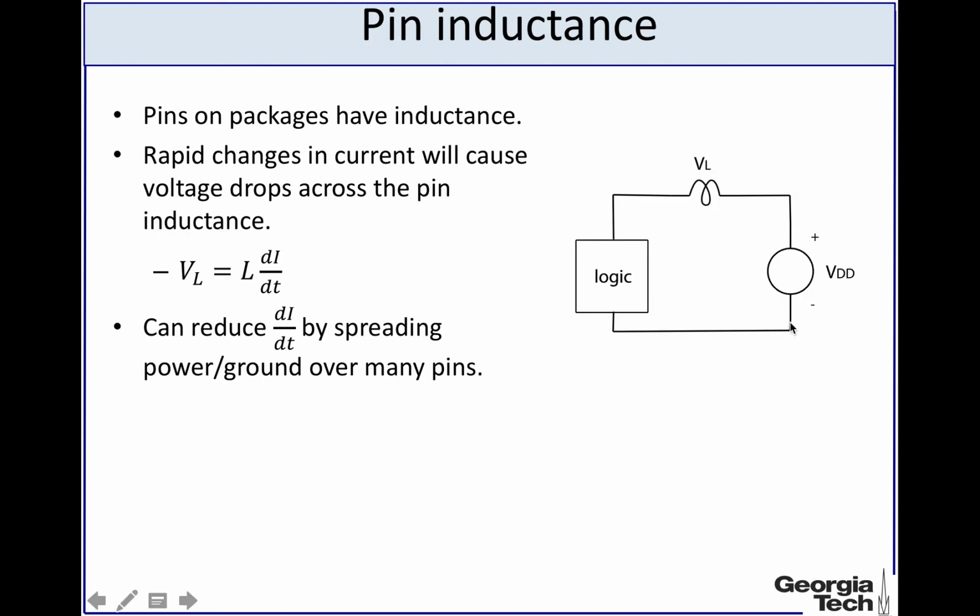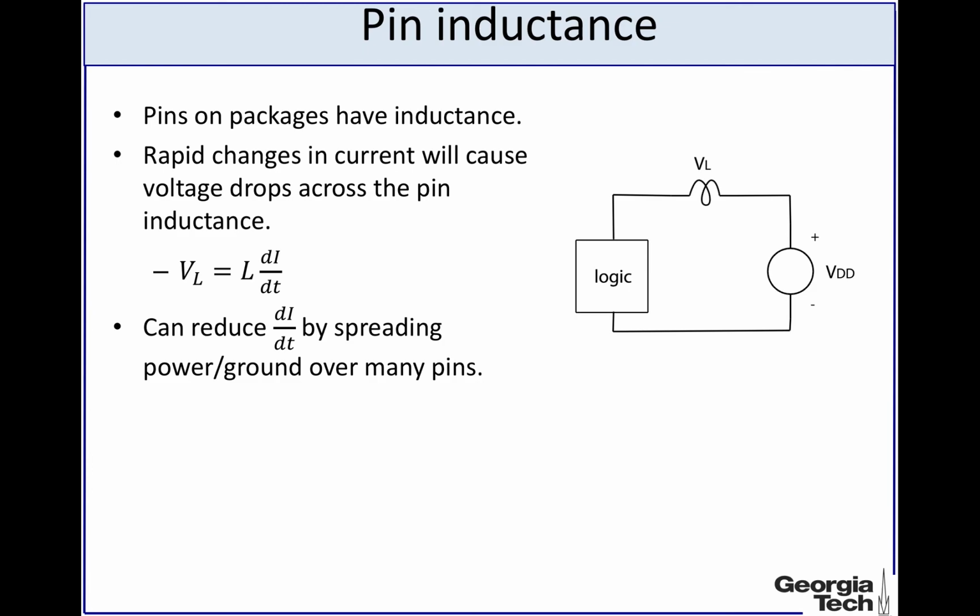Right. So another source of this fluctuation of the power supply voltage is the inductance. Now the inductance usually is the highest at the pins, the input output pins of the microprocessor chip or the package.